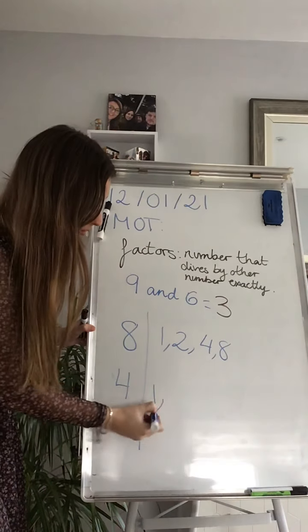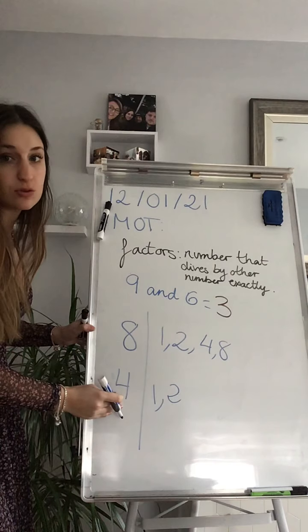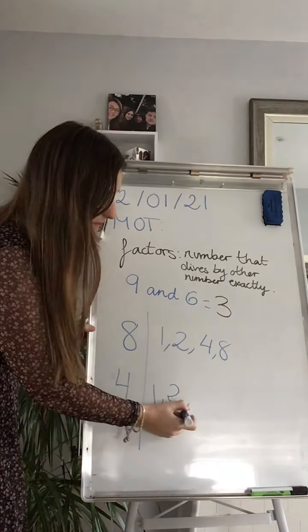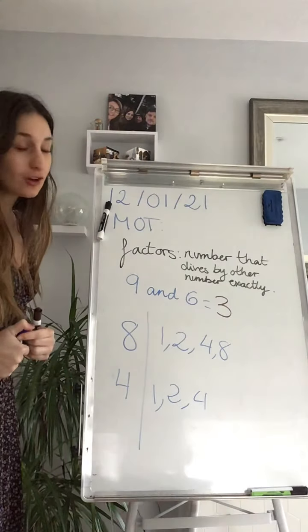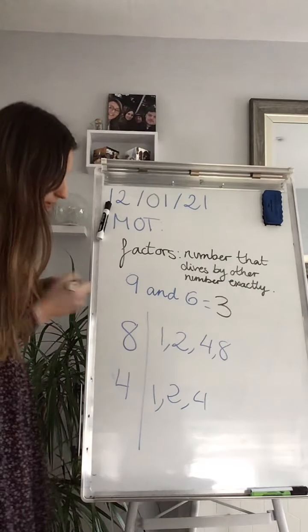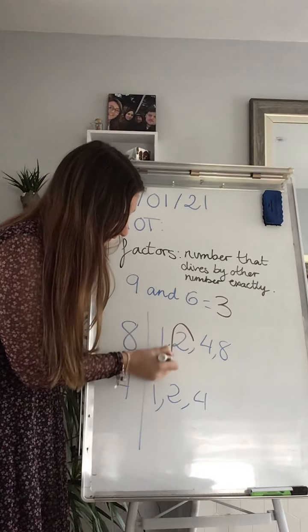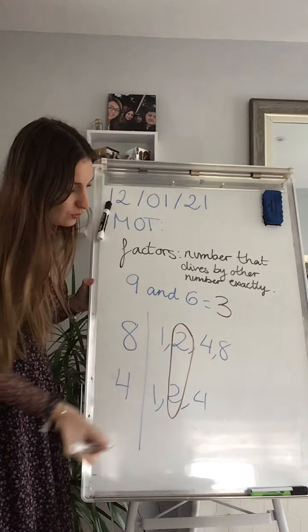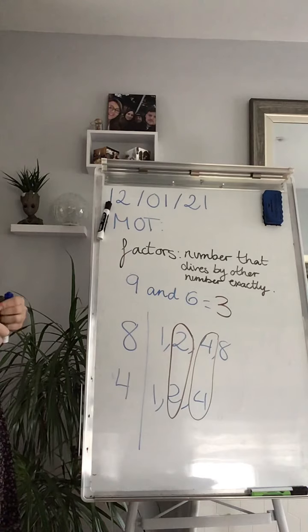Now let's go for 4. I can divide 4 by 1. I can divide 4 by 2. 4 divided by 2 is 2. 3, no. 4. Okay. Now let's find the common factors for 8 and 4. Remember again, I have 1, but all of them are going to have 1, aren't they? I have 2 and I have 4.